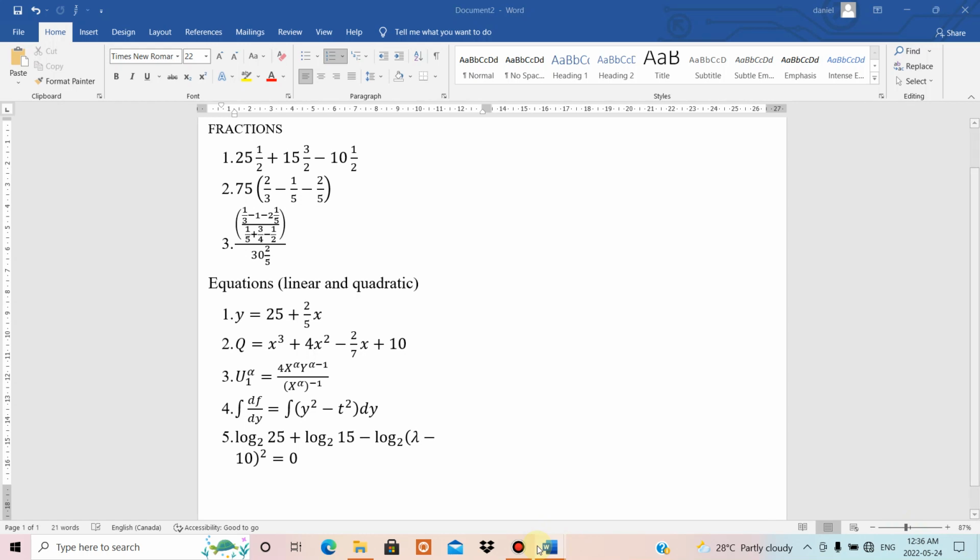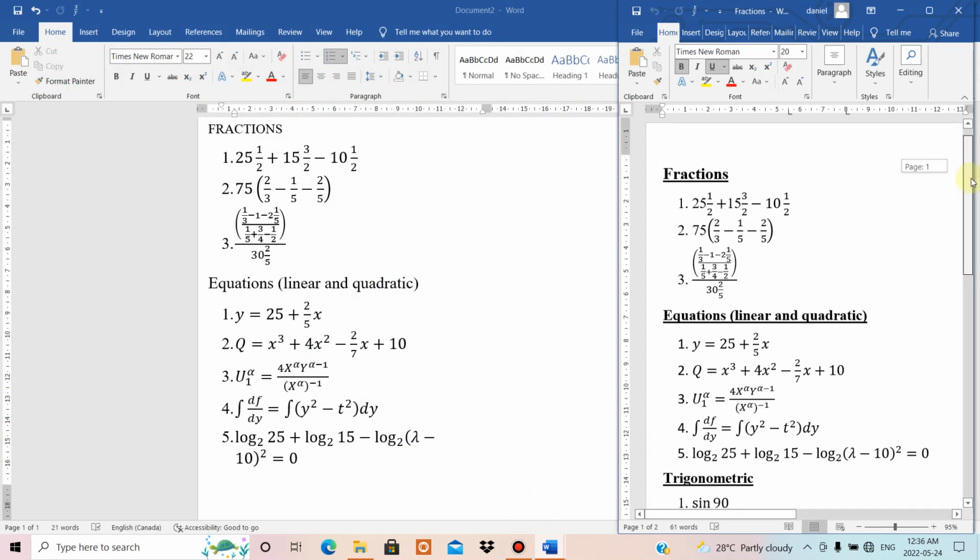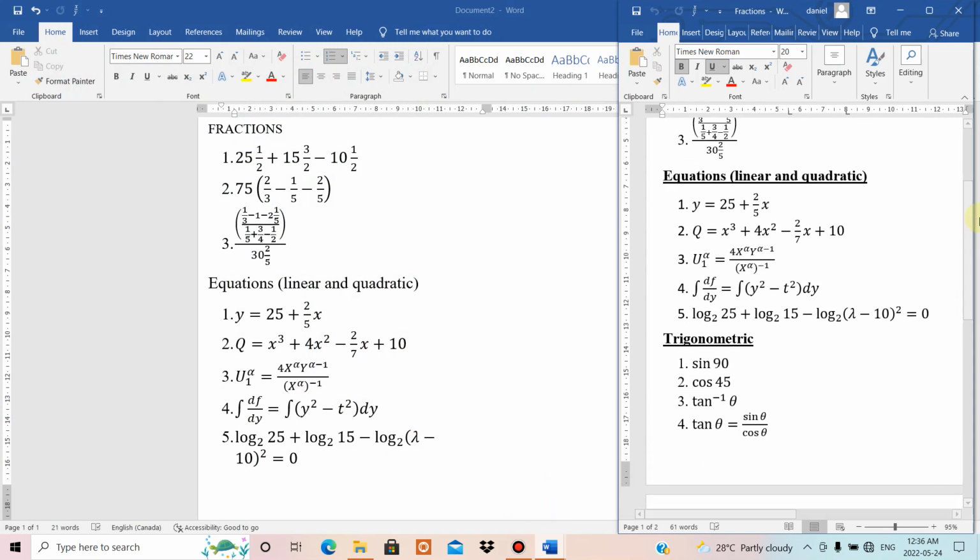So that's beautifully displaying. You have sine 90, cos 45, tan inverse of theta, tan theta equals sine theta over cos theta.